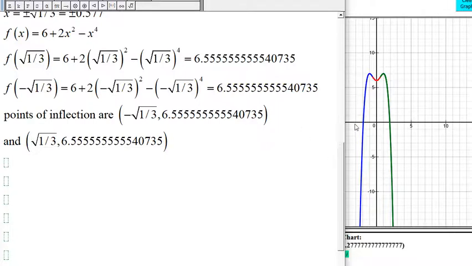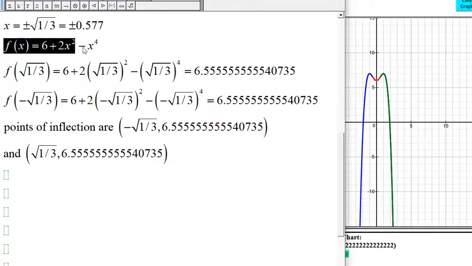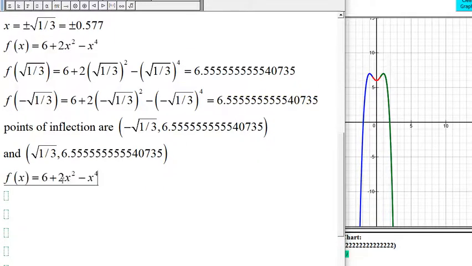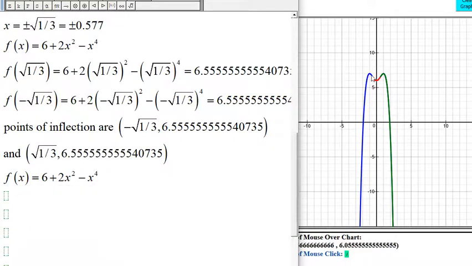And so now we can talk about concavity. Well, now we can discuss concavity. So we started this function right here. The blue part would be from the left side up to the negative square root of 1/3.